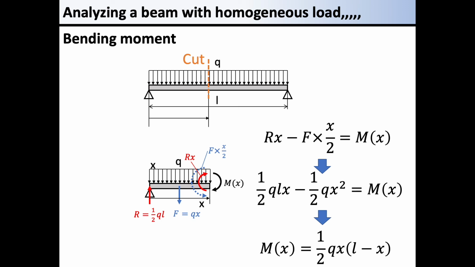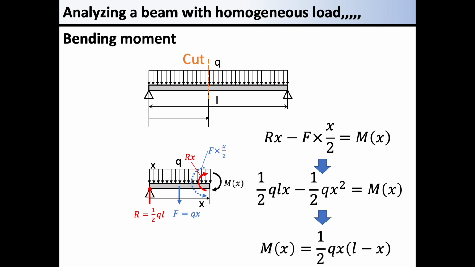Taking these things into consideration, we get the equation to describe the balance of moments. Considering Fx over 2 is negative, the moment at the left cross-section is Rx minus Fx over 2. This is balanced by the moment at the cross-section of right, Mx.